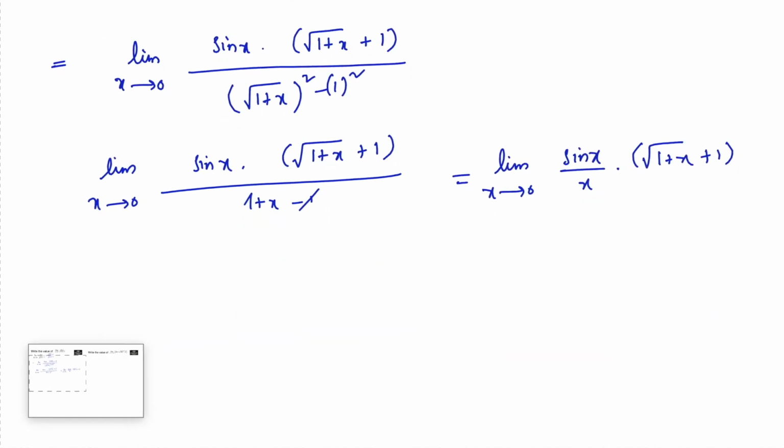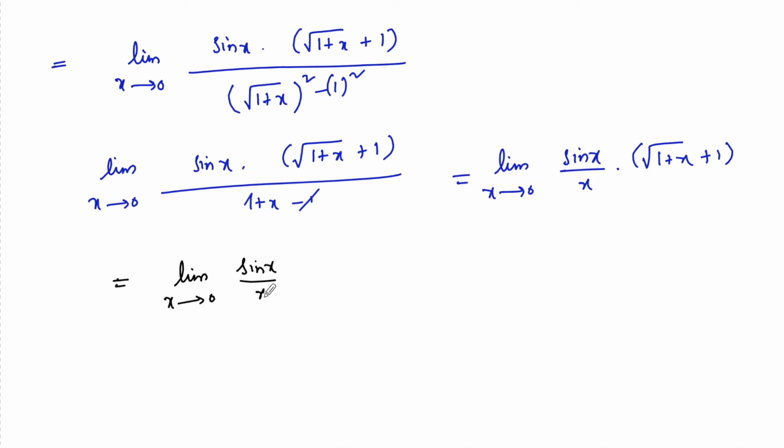So by using the properties of limits, we can write limit x tends to 0 sin x upon x into limit x tends to 0 root over 1 plus x plus 1.